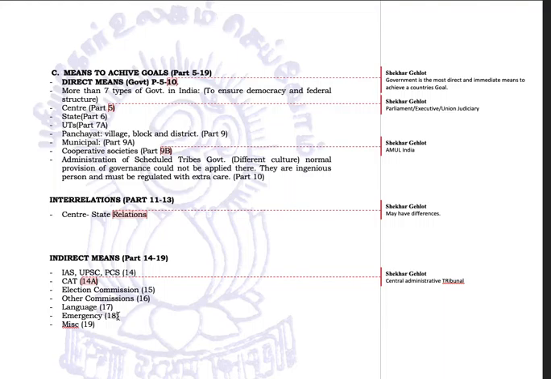What to do right now? And then miscellaneous provisions. Miscellaneous provisions are those for when, after doing all these things, something is still left to be done as per the requirement, and it can be put in this particular part. So these are the indirect means to achieve those goals. These are the direct means.